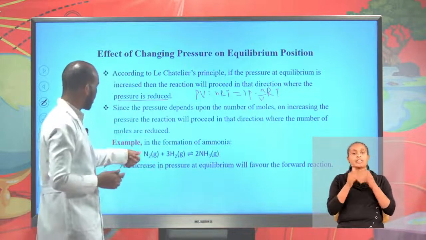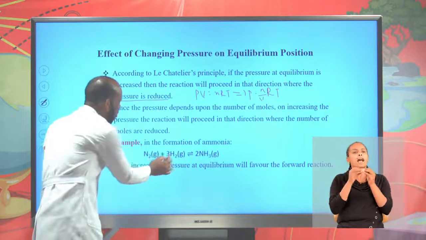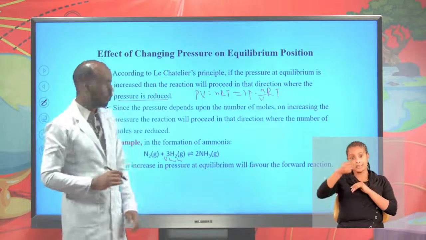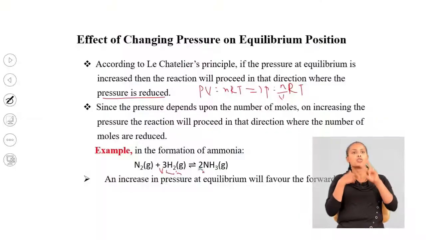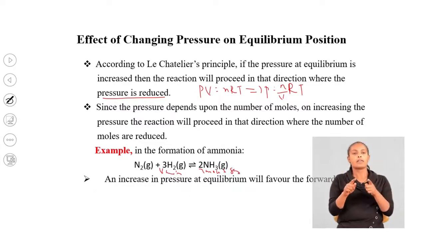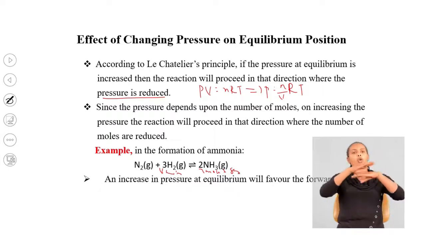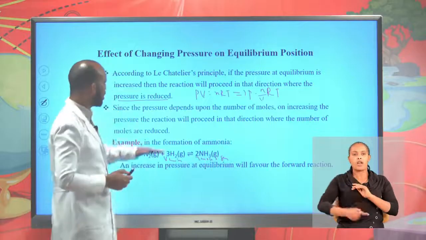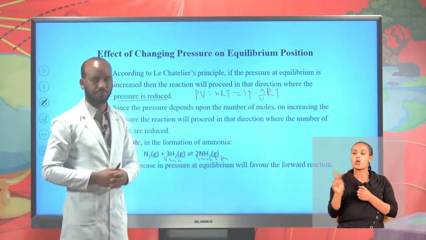On this side we have 1 plus 3, 4 moles of gas. On this side we have 2 moles of gas. Therefore, when the pressure of this system increases, equilibrium shifts to the side which has the smaller number of moles of gas, to the product side.